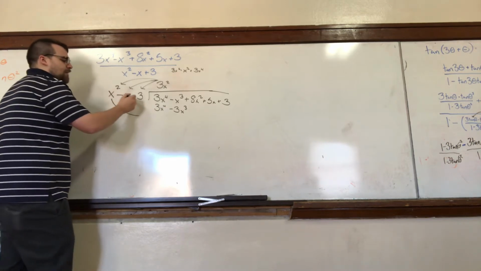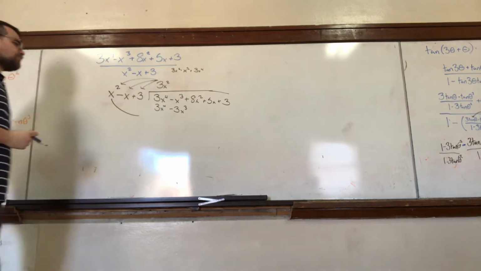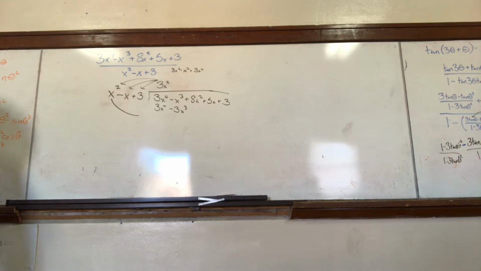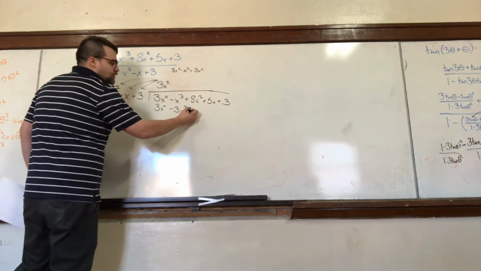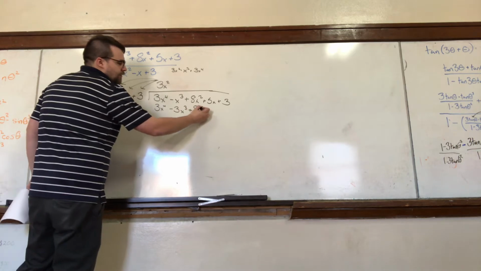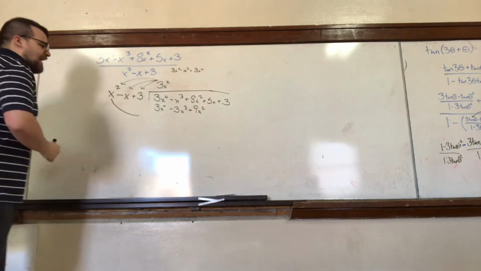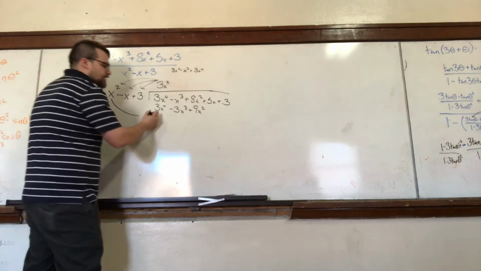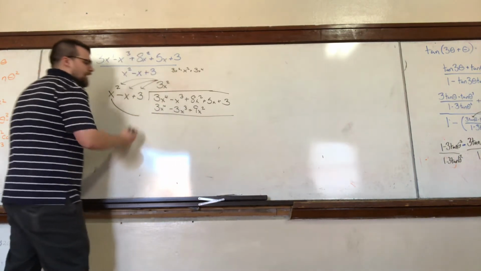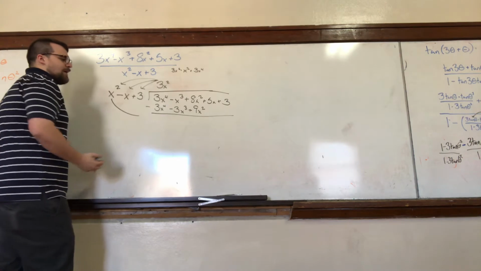Finally, we have 3 times 3x squared, and we get 9x squared. Once we have this distributed in, we've created our entire subtraction problem here. We go ahead and subtract these.